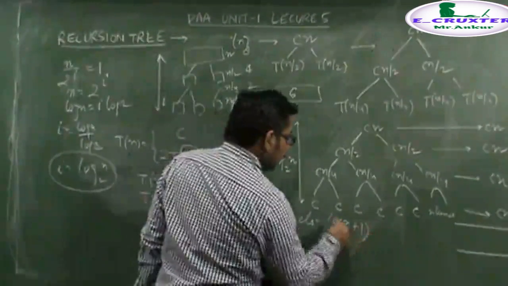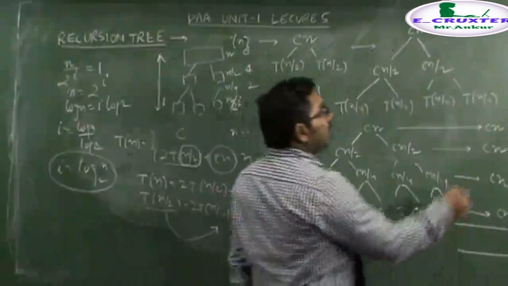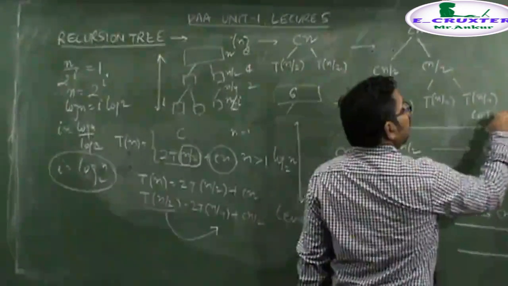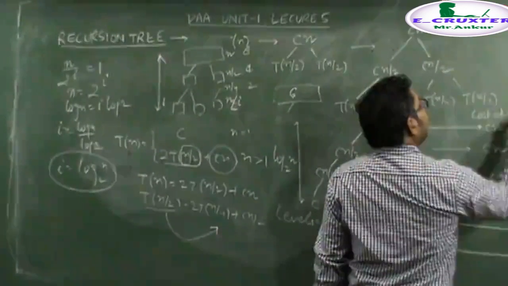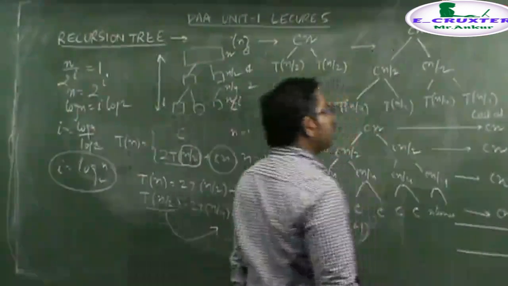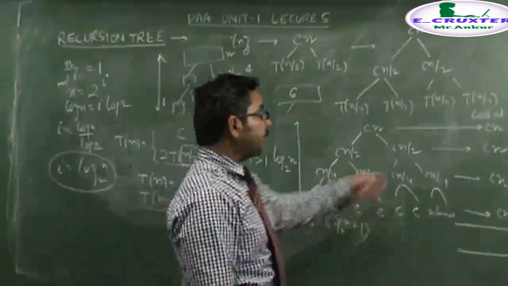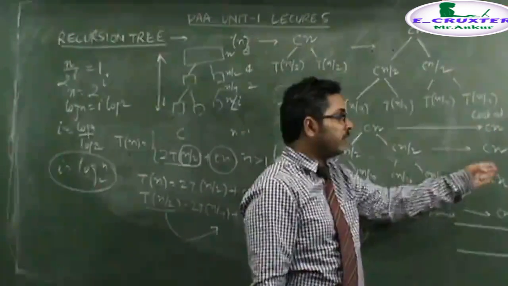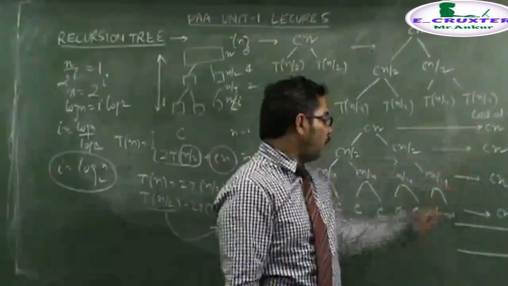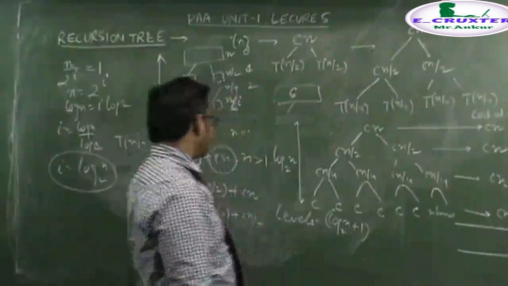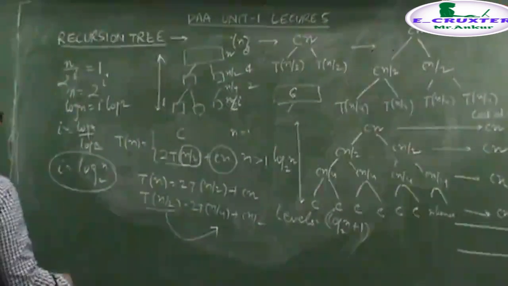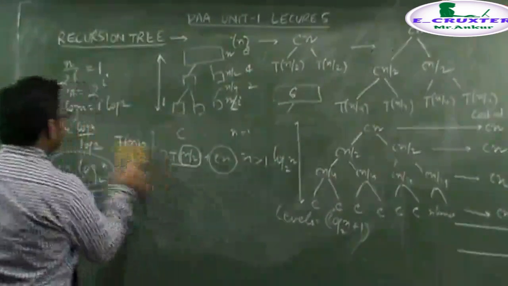Okay, and you notice that the cost at each level is C of n. Hence, as the cost is the same, there is no difference in the cost. Hence, we directly multiply the cost with the number of levels and we get the result.